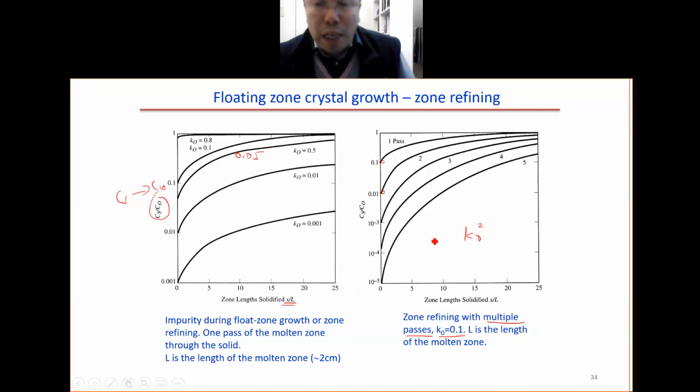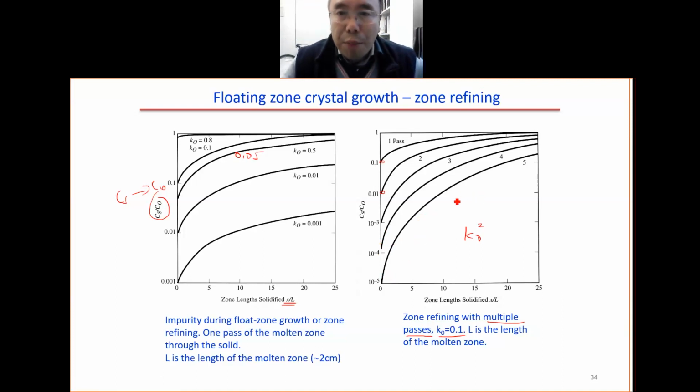So that means every pass, multiple times, the impurity concentration becomes lower and lower. So the silicon gets purified at the lower x value. This is called zone refining, purification by zone refining.